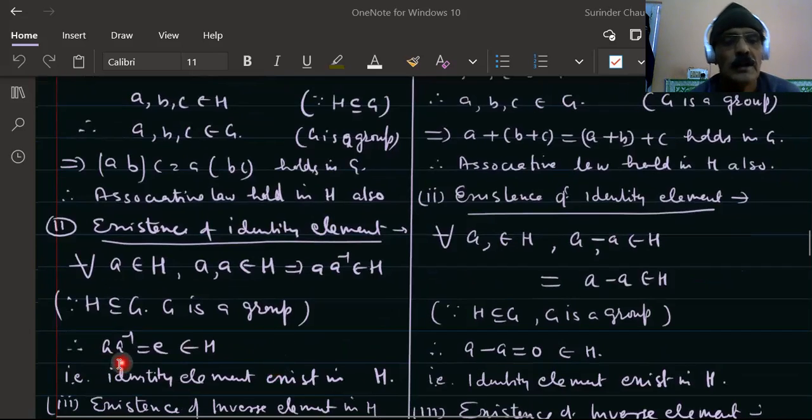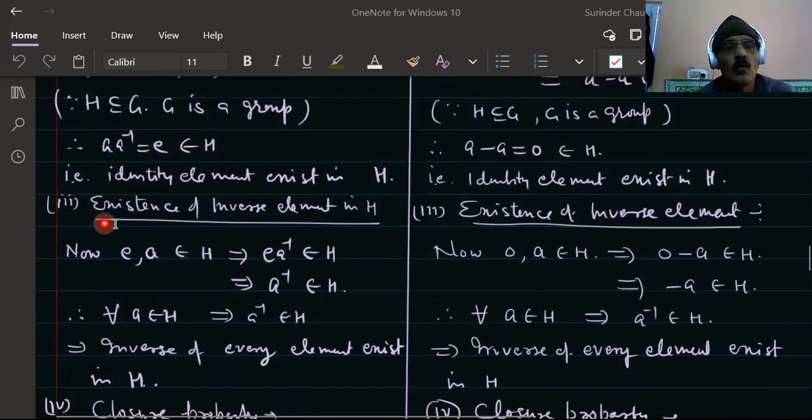Therefore, a into a inverse is equal to e, where e is the identity element of G. Therefore, the identity element of G also belongs to H. So associative and identity hold.